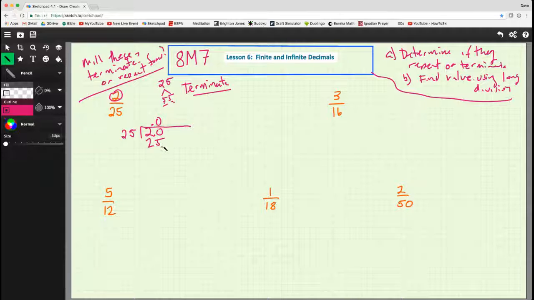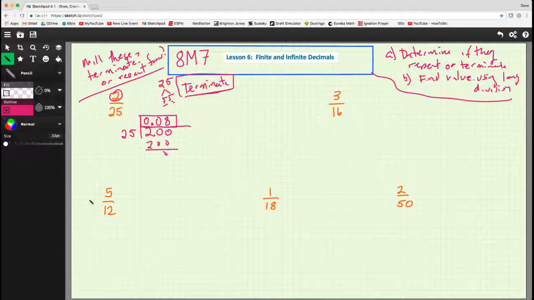Well, let's see, that's wrong. It doesn't go in 20, so it's going to go in 200. So there we go, 0.08. 8 times 25 is 200. There we get 0. So our answer is 0.08. So it terminates. We did the right thing.